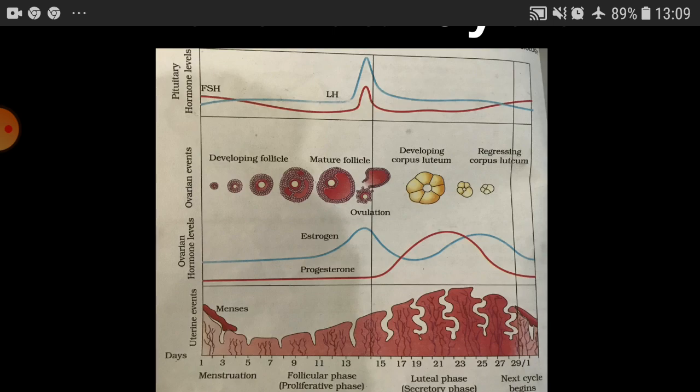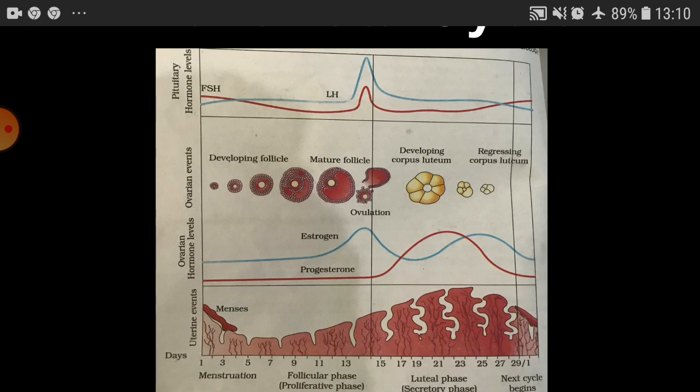We can divide the menstrual cycle into three different phases: the follicular or the proliferative phase, second the luteal or the secretory phase, and the menstrual or the bleeding phase. Now the follicular phase, which is also known as the proliferative phase, lasts for around 14 days.